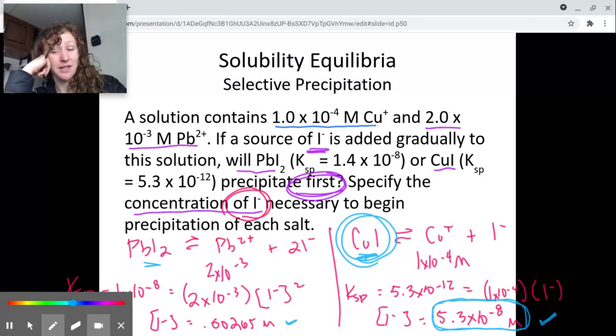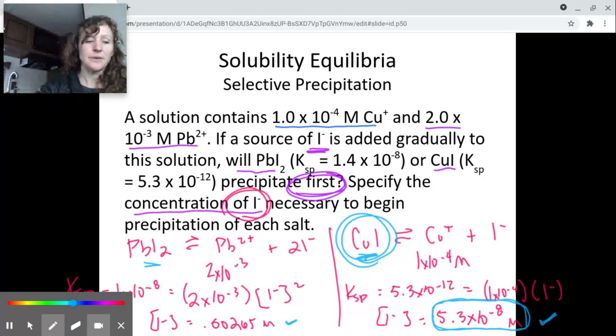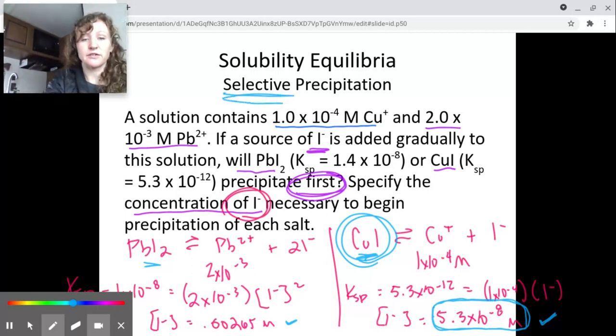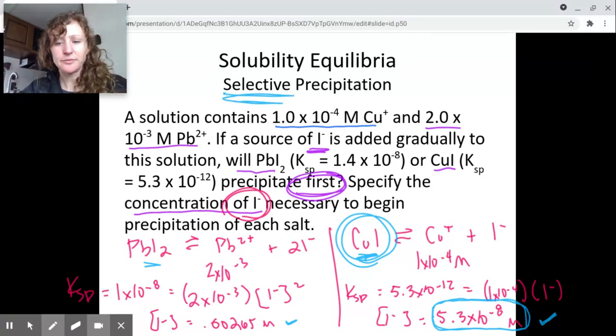That's kind of the same thing here. It's going to take less iodide to start precipitation of copper iodide, so that one's going to precipitate out first. Okay, so slightly different context. We're comparing two salts here. This one's called selective precipitation. And again, you really have to understand the context of what you're looking at, not only the math, right?